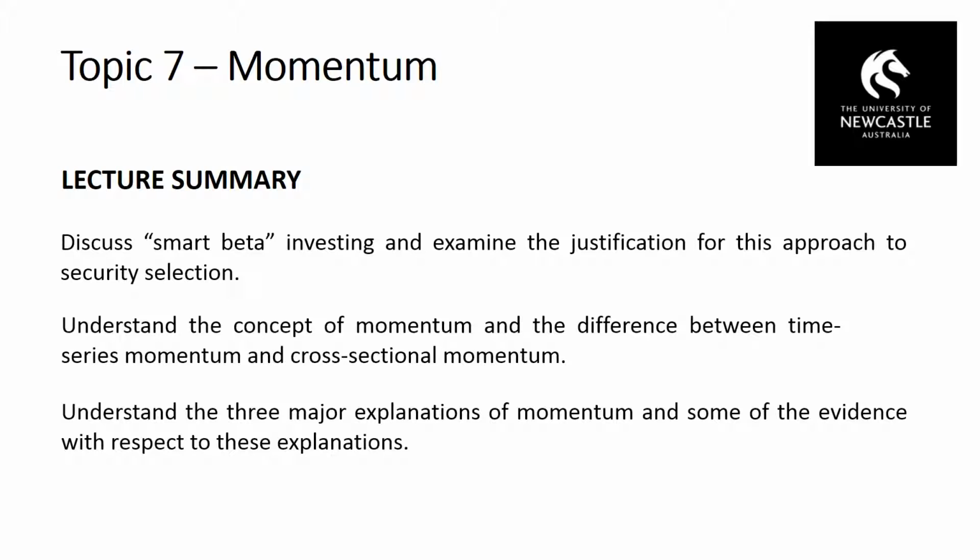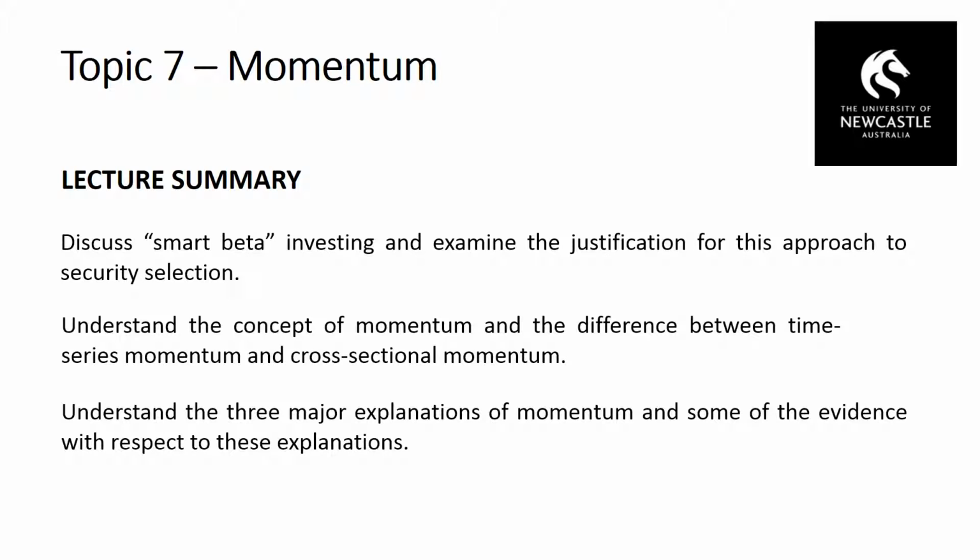The second group of explanations for momentum are based on the perspective that markets are less than perfectly efficient. The next two explanations are both behavioural, and the first is underreaction to information. This is the idea that individuals are slow to update their beliefs. Therefore, when new information arrives within the market, investors will underreact to that information and the price will only gradually move to fair value.